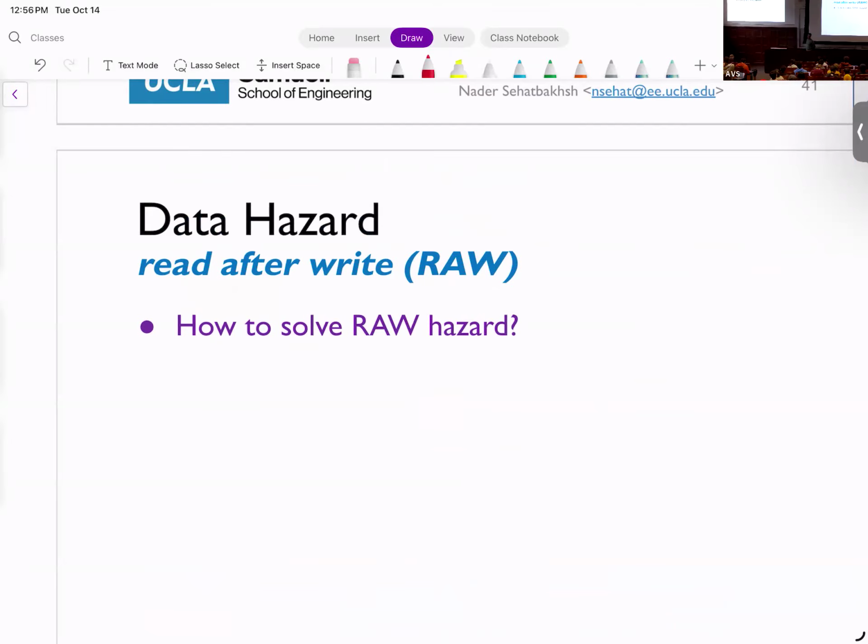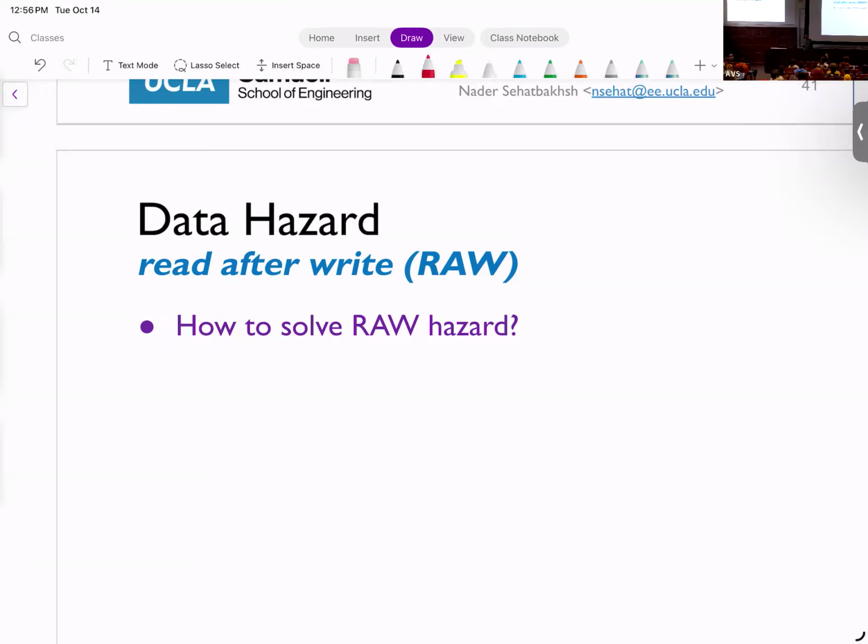Okay, so you detect that there is a hazard, and then what? You wait. So you wait 2 cycles and then execute the instruction. You don't advance your pipeline; you wait until this instruction finishes and then you go. Any other? And where do you do this?